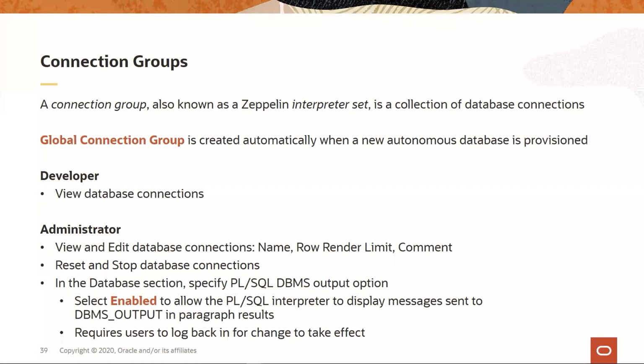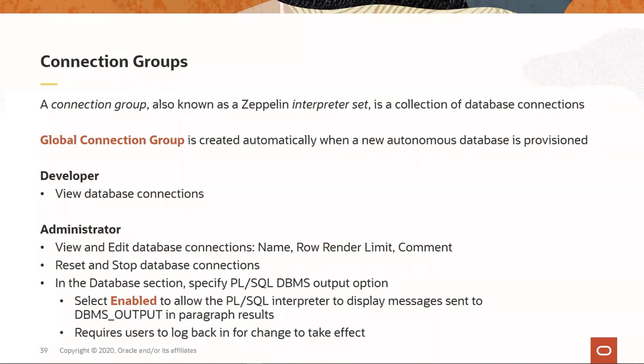There's a thing called a row render limit, which indicates how many rows of data you want to come back and be displayed in the table or the result for your paragraph execution, and of course a comment. The administrator can also reset and stop database connections. And this might be useful if you wish to stop a long-running job or some other reason to interrupt that.